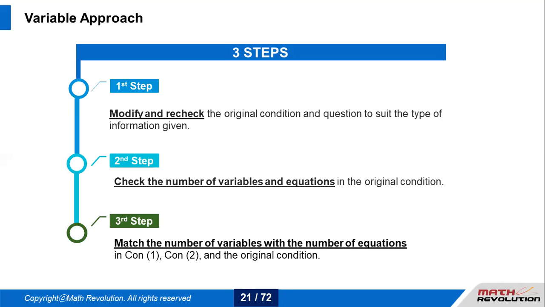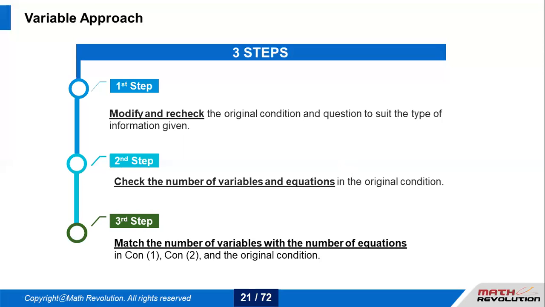So many a times we modify it, and in any inequalities and absolute value, there are higher chances that if you modify the equations or the expressions, you will definitely clearly get the answers in quick amount of time, and it would be easier for you to save time for other questions. So modify and recheck the condition.